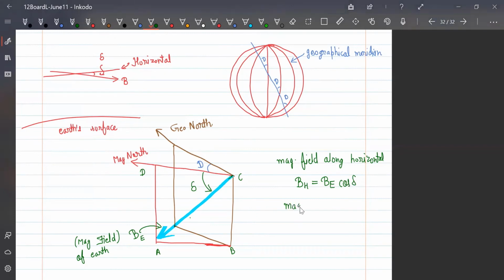And magnetic field perpendicular to Earth surface, I'll call it BV, that is vertical magnetic field.